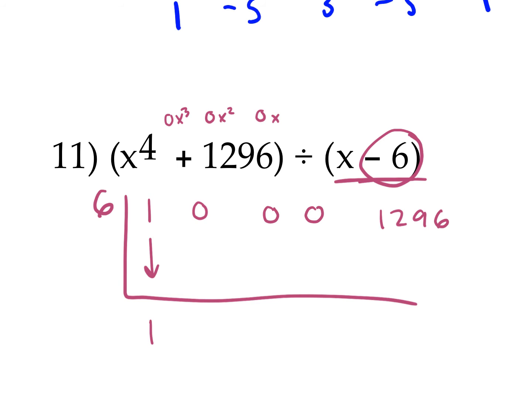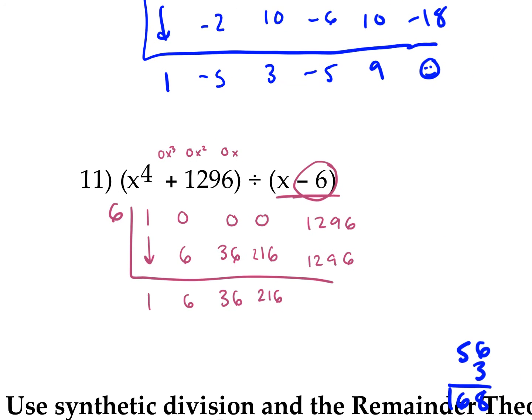This would be 1, 6, 36, 216. 216 times 6 is 1296, and then we just add these together, which is not going to be 0, so then here we know that it's not a factor. This has to be 0 for it to be a factor, but it's not.